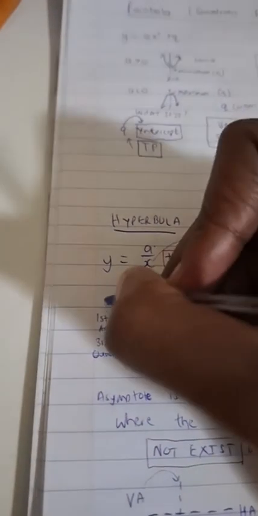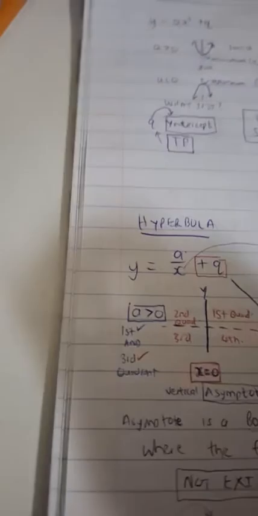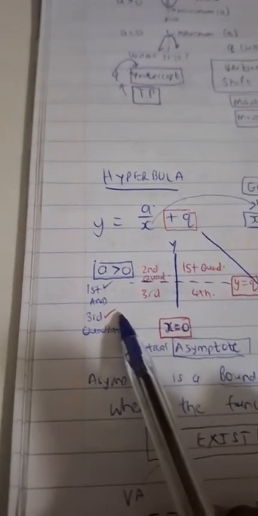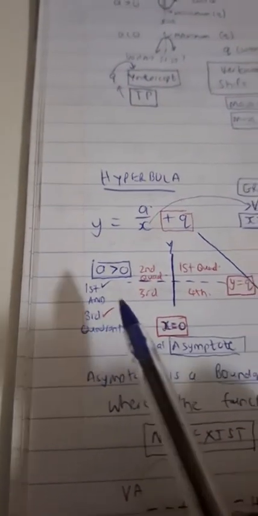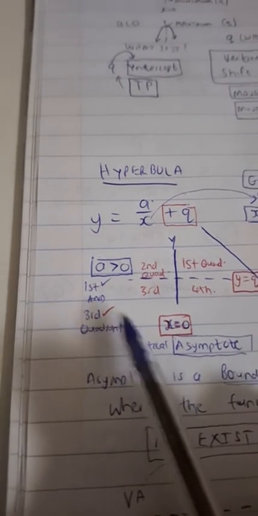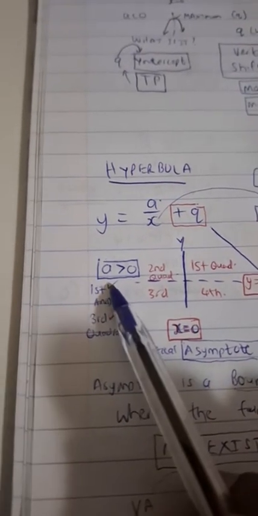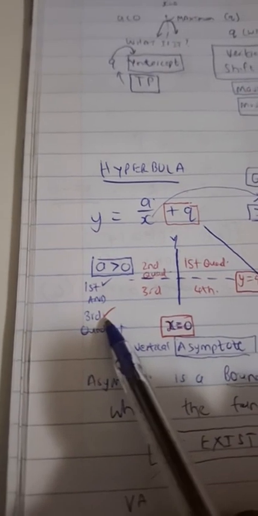So what did I say to you guys about A when A is greater than 0? I said to you that the arms of the hyperbola function will be found in the first and the third, so the odd number quadrants.